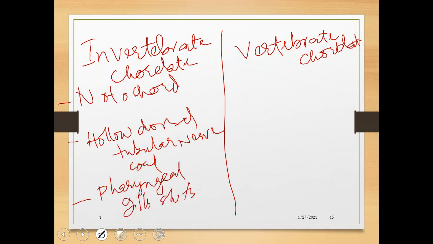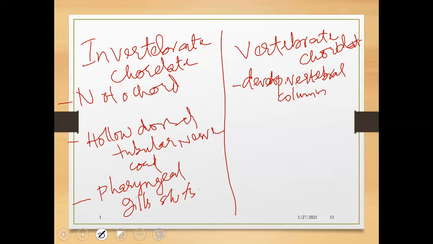These basic characters remain the same in these organisms, while in the vertebrates, the notochord develops into the vertebral column.